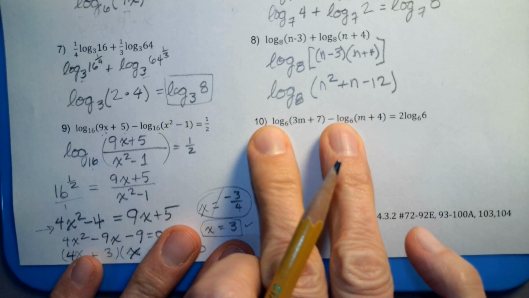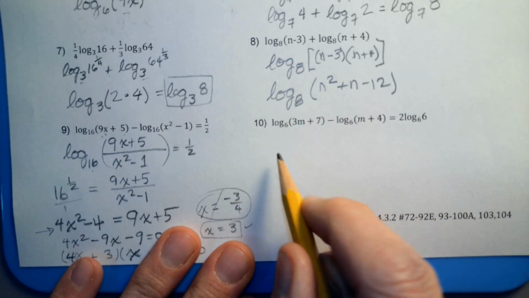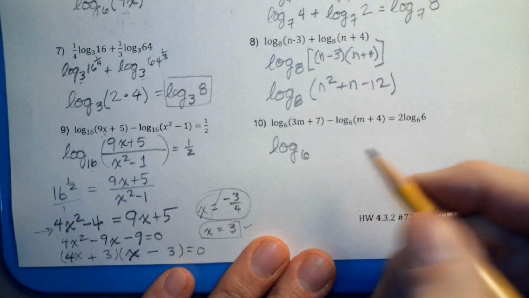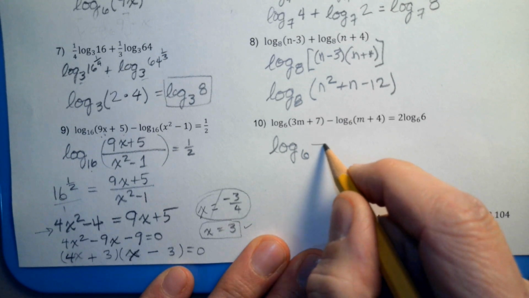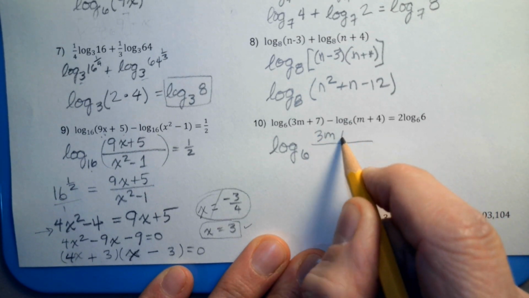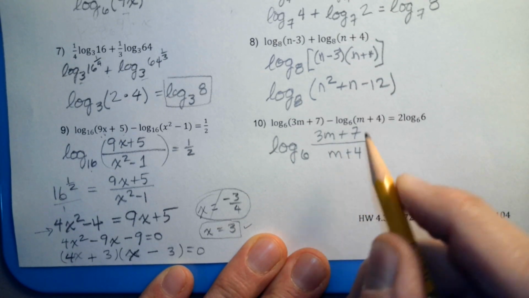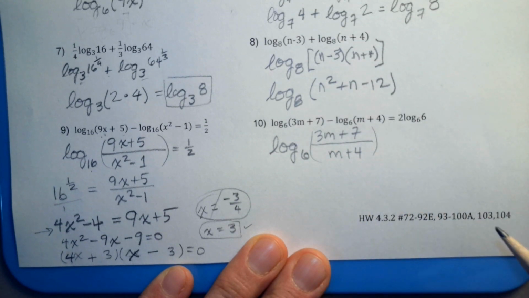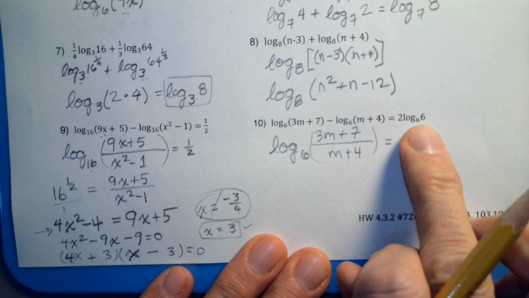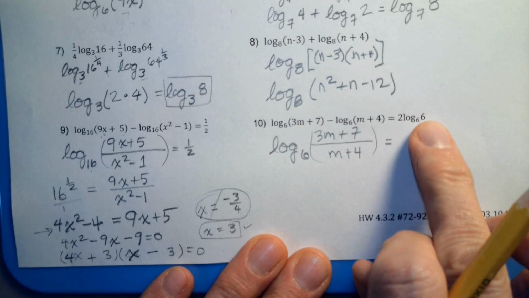The coefficients here are both 1, so we can go ahead and combine these. This is going to be the quotient rule. Log base 6 of the quotient, 3m plus 7 over m plus 4, so that whole thing is the argument, is equal to, now be careful here, we know what log base 6 of 6 is, that's 1.